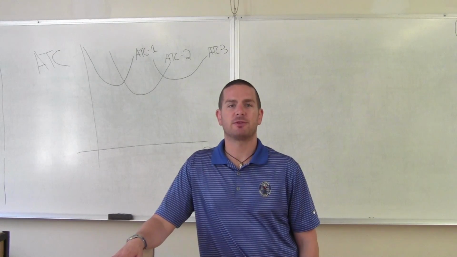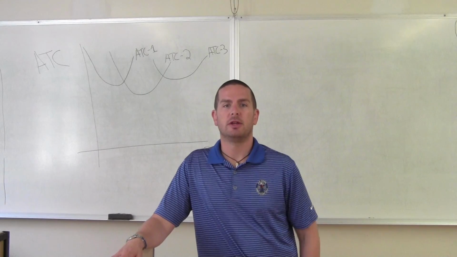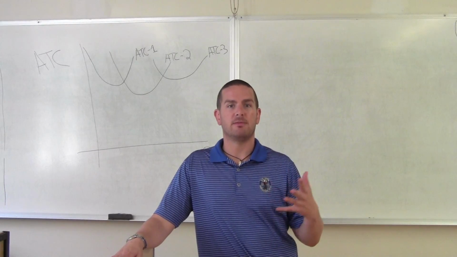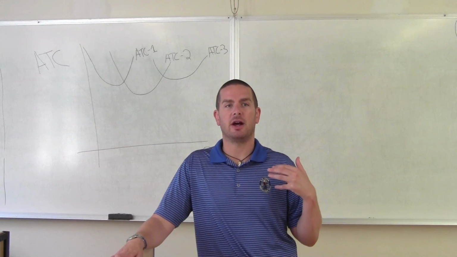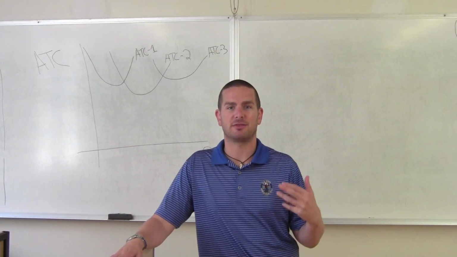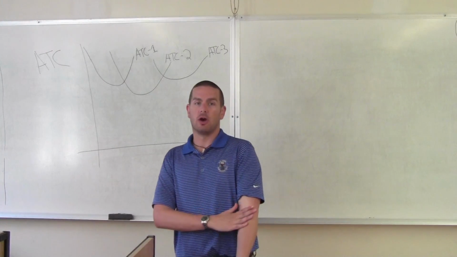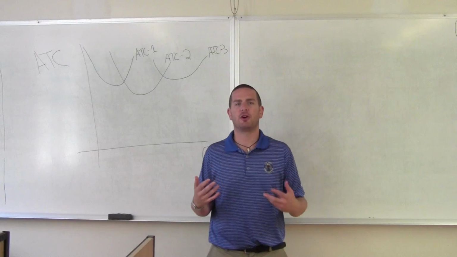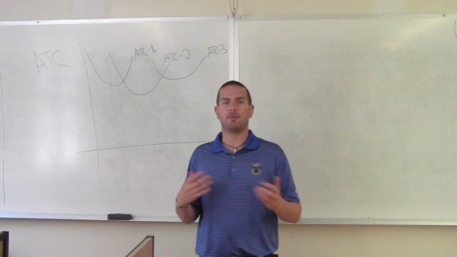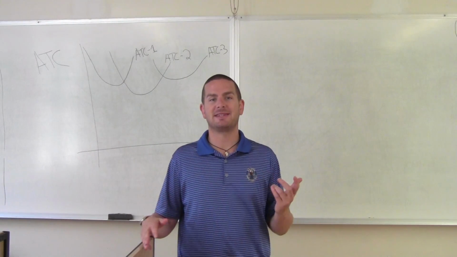Now remember, what's the difference between the short run and the long run? In the short run, the amount of capital the firm has is fixed, whereas in the long run, the firm is free to change all of its factors of production as it sees fit.